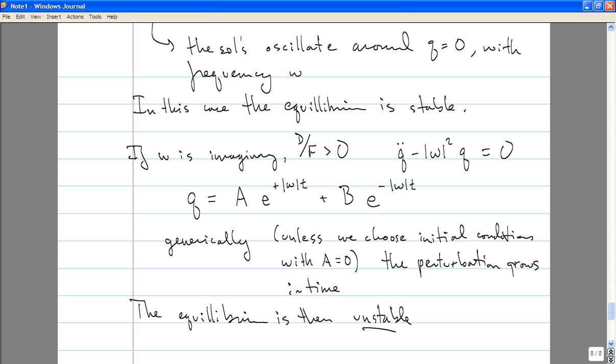But the real reason why you studied oscillators is not because masses on springs are such an important topic that they were worth dedicating so much of your time and energy to, but rather because, as we have seen, everything is an oscillator. If you take any system around an equilibrium point, if that equilibrium point is stable, then it is described, at least in the limit where the fluctuations are small, by an oscillator.